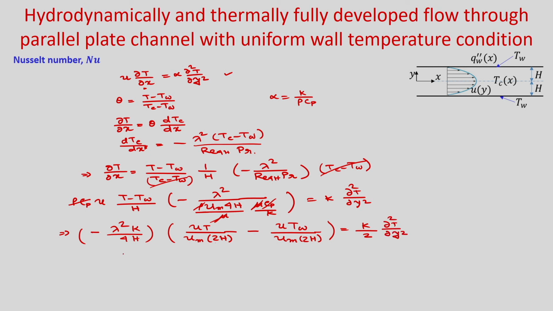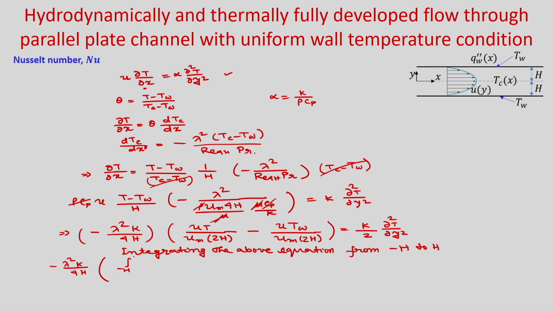Okay. So, now integrating the above equation from minus h to h. So, you see minus lambda square k by 4h, you integrate it.